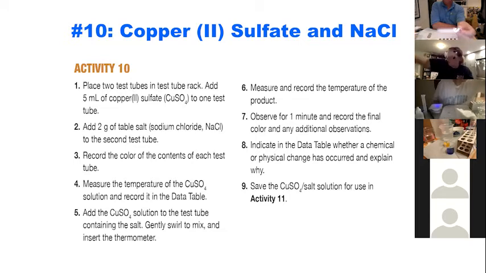So believe it or not, 97% of the mass in here is water. Right? Because you have 10 mils of water, that's 10 grams, and you only put 0.3 grams. So it's 99.7% water by mass.